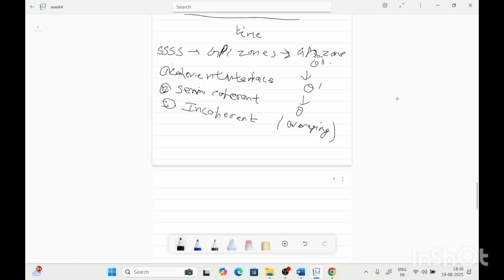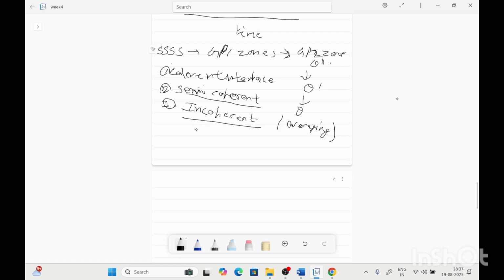In the coherent interface, the complete atom spacing will match to each other, meaning there is very little lattice strain between the cluster atoms and the solid solution atoms. In the semi-coherent interface, the lattice mismatch will further increase to a level where the lattice strain can be accommodated by dislocation formation. And in the incoherent interface, there will be complete mismatch of the lattice between the cluster and the solid solution.